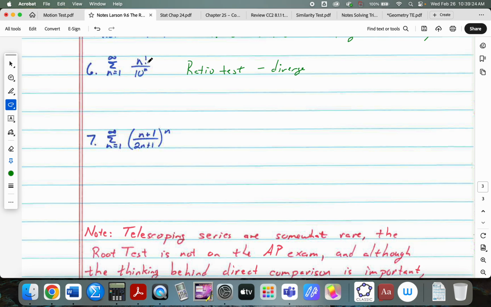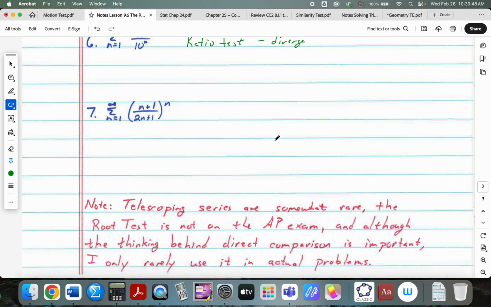If they really are saying, show all of your work using the nth term test on this, I know that factorials are going to get bigger, but I would have to explain why I know that. All right? But this fails the nth term test, so it diverges.